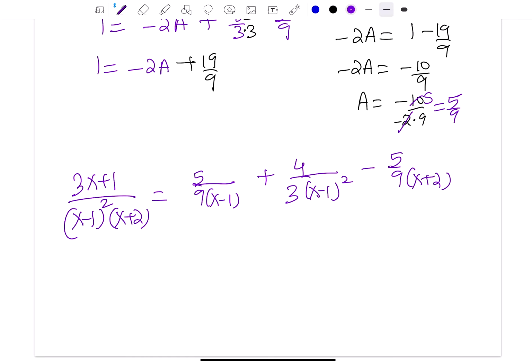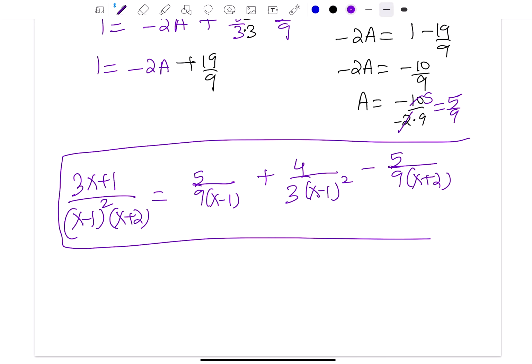So if you want to verify, you can go ahead and add or subtract the fractions on the right hand side. We would be able to get the fraction on the left hand side.